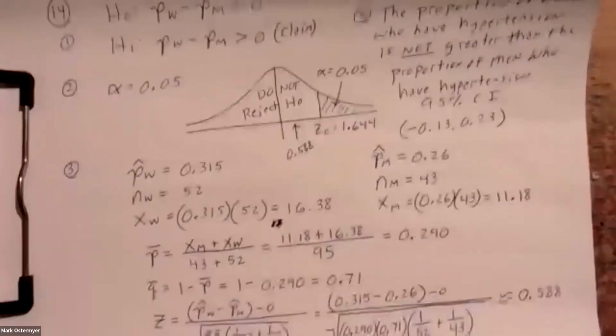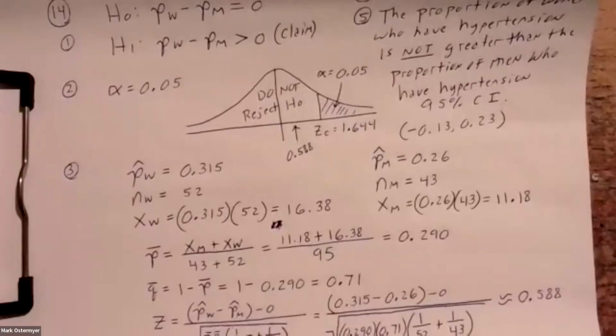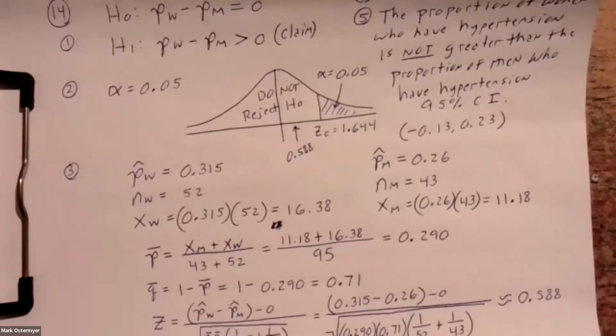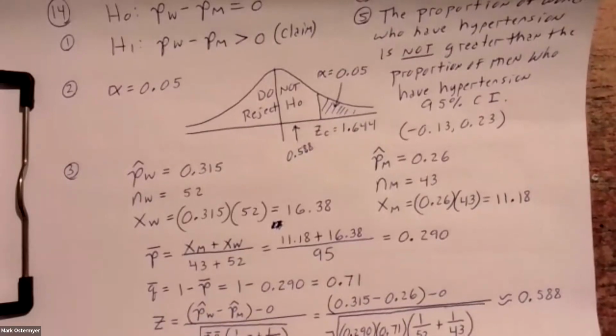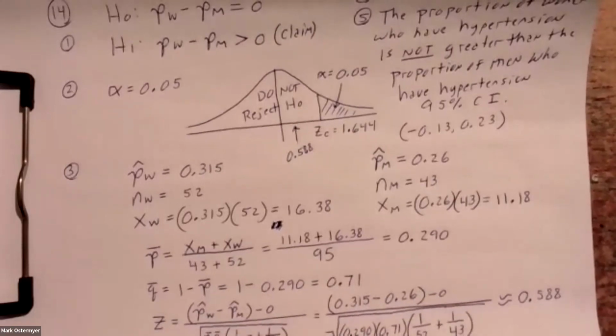Well, let me see here. Oh my gosh. Yeah, you are correct. So that 43 and 52 then represents the number of men and women who exhibited the characteristic of interest. All right.